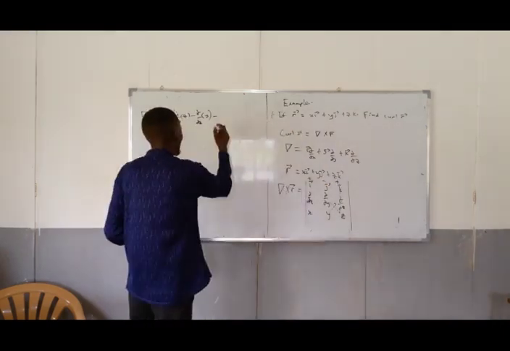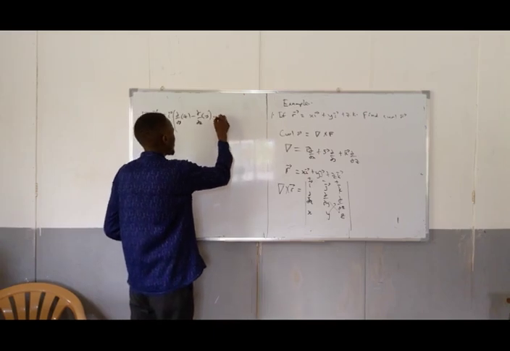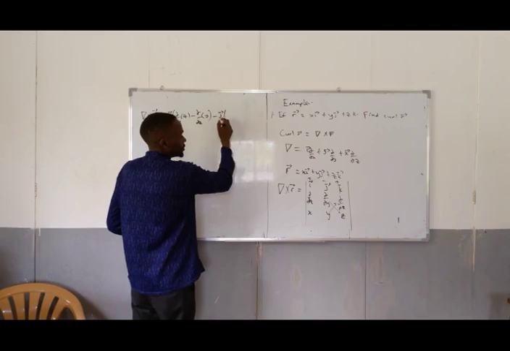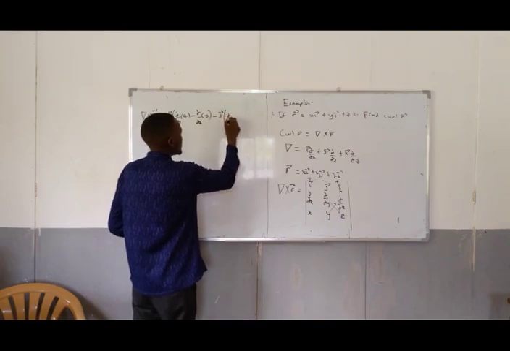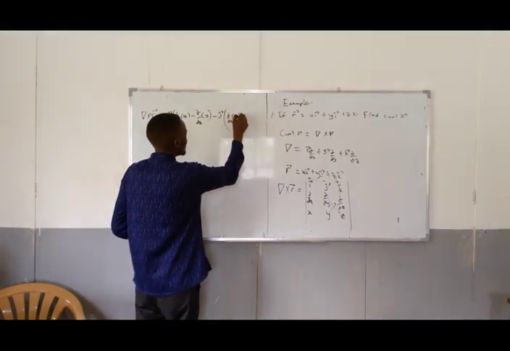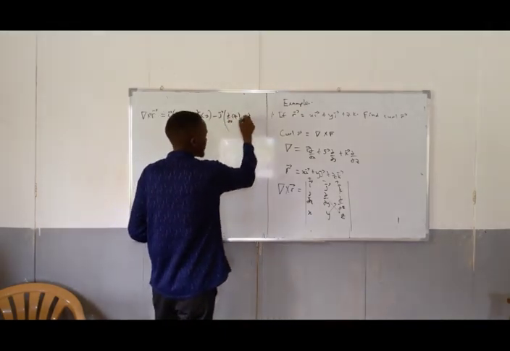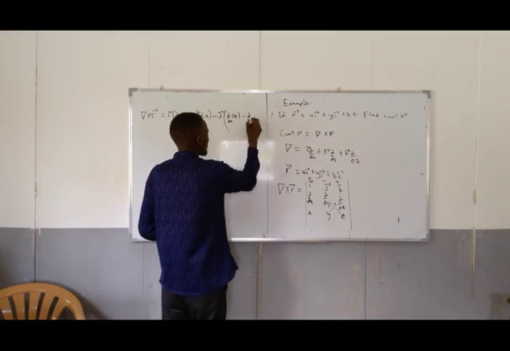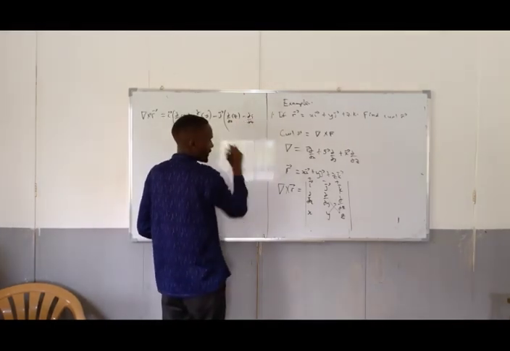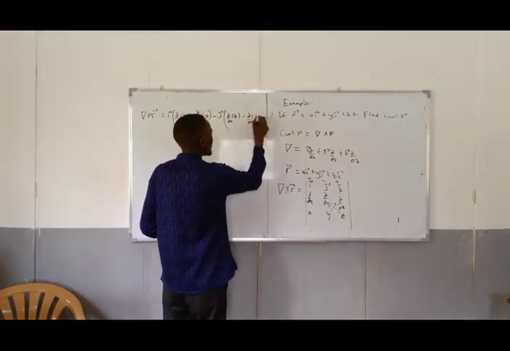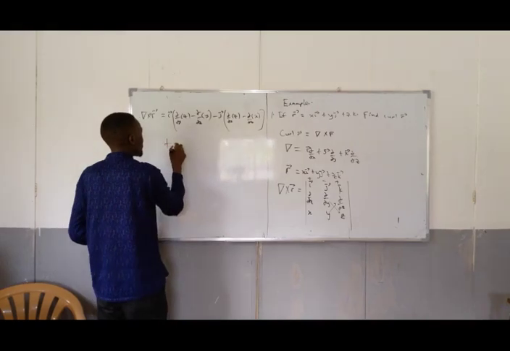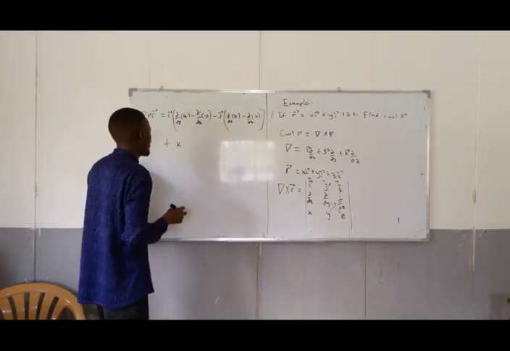Now here will be negative j, and it will be the partial derivative with respect to x times z minus the partial derivative with respect to z times x, plus k.